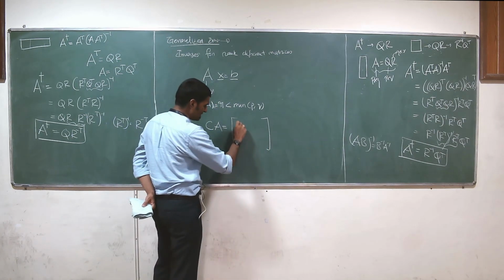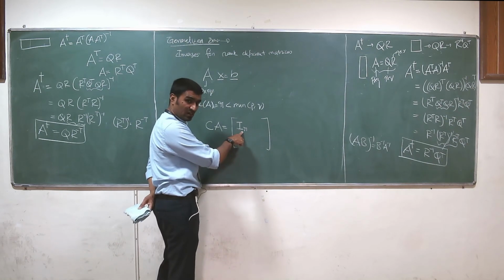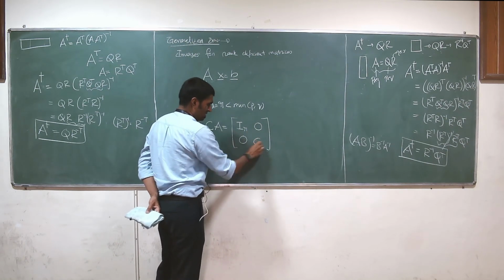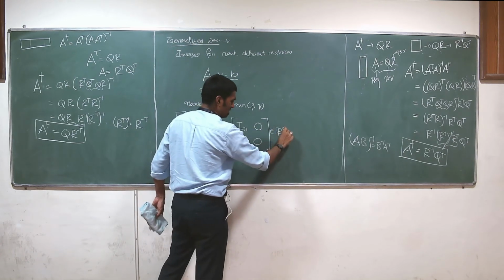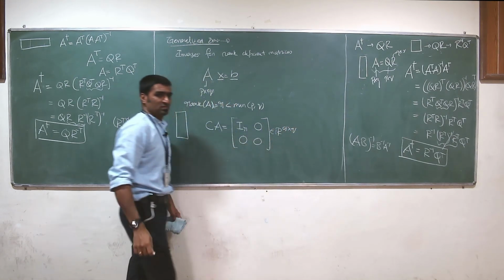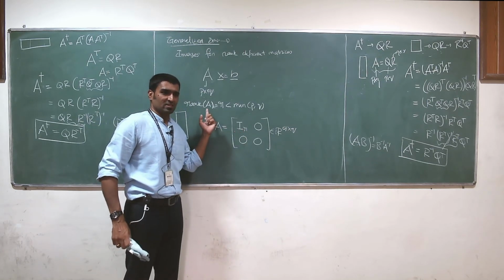What you can get is a block matrix like this, identity matrix of size R, and then zeros of the appropriate size, where this is of size Q cross Q. Okay? You can only get I_R, where R is the rank of the matrix.